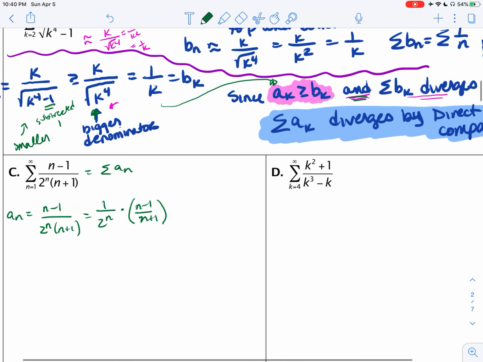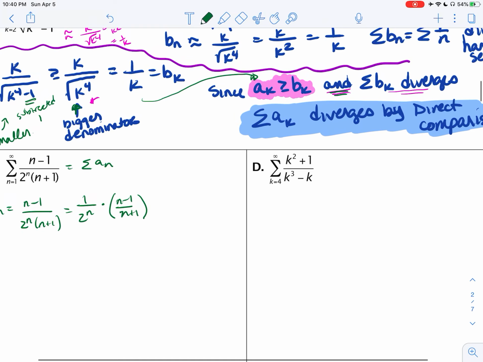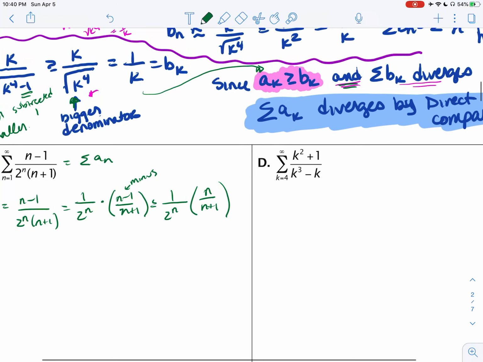That's certainly true because it's just equivalent. And then, because that's a minus, I can say that that's less than or equal to 1 over 2 to the n times n over n plus 1, right? Because I have a bigger numerator now and the same denominator.